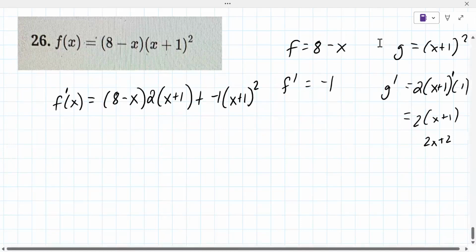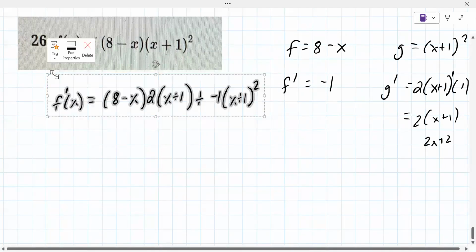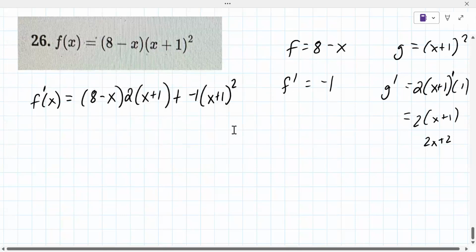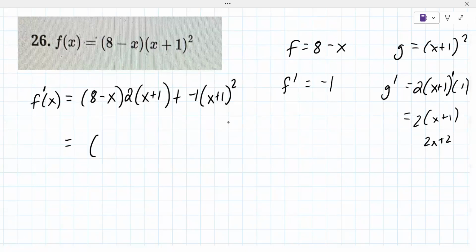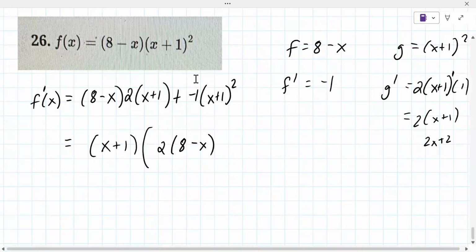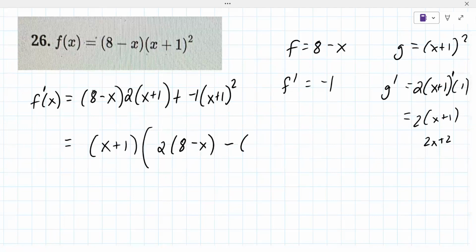You probably haven't done one that's algebraically complicated yet, but you need to factor out an x plus 1 from both. So you end up getting 2 times 8 minus x from the first one, minus an x plus 1 here. It looks bad, but you just have to simplify it.